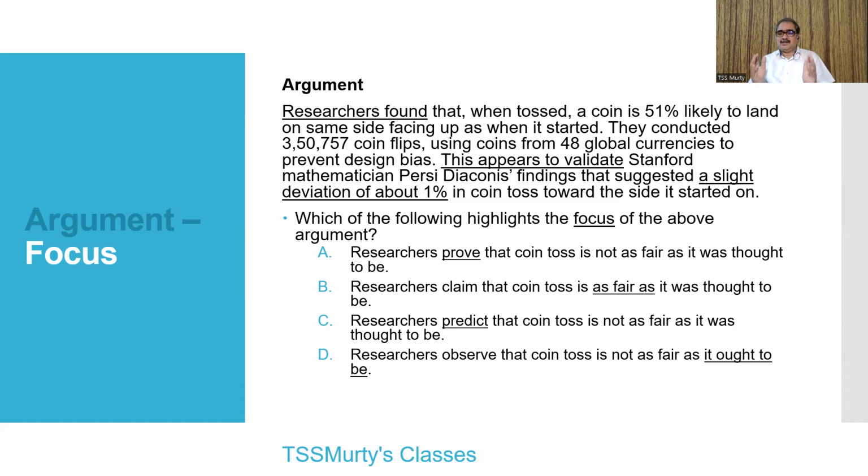Even otherwise, to understand the context of the sentence, researchers observe, good, to this extent it's fine, that coin toss is not as fair as, to this extent also it is good, it ought to be. Well, it should be like this. Now it is like a definition that is given. I don't think this is correct. And hence I rule out B, C, and D options based on the underlined parts. Hence the answer is choice A.